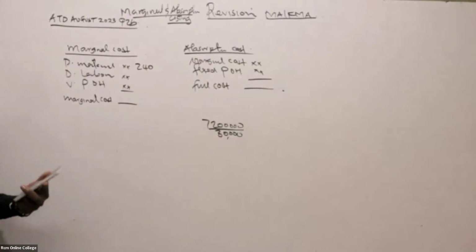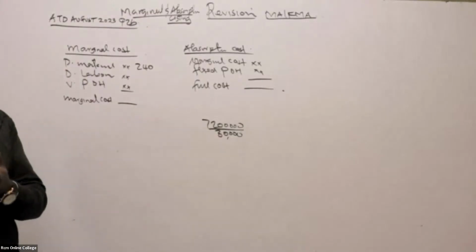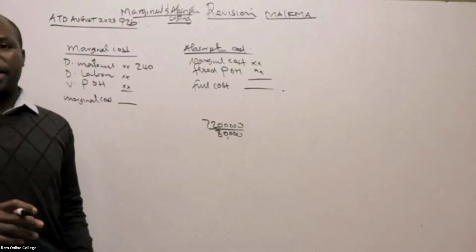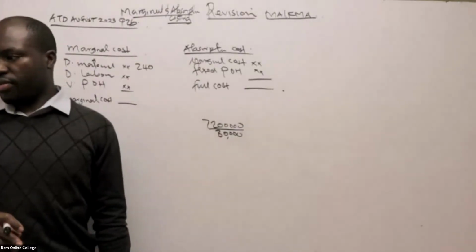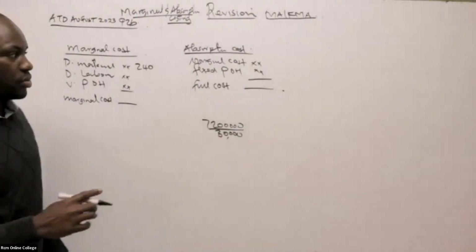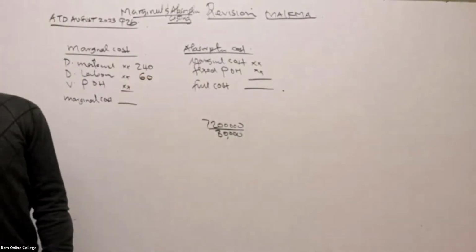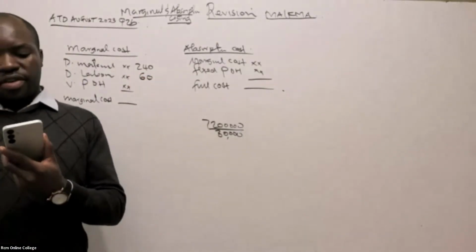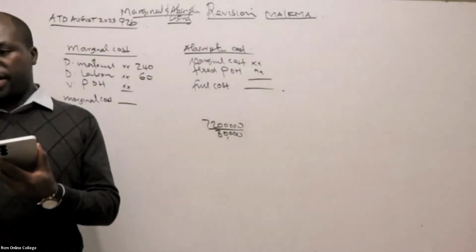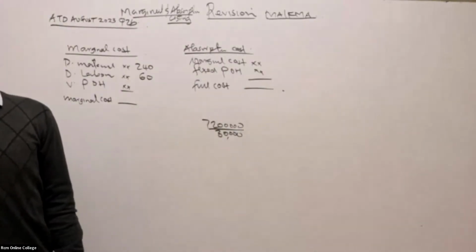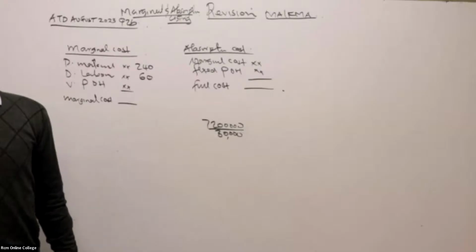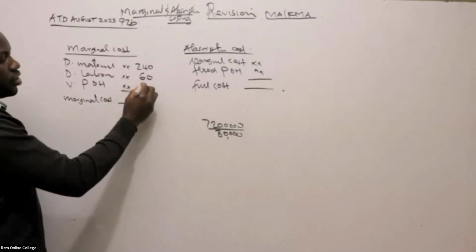Good. How about direct labor? Do the same. 1,800,000 divided by 30,000 will give us 60. Variable production overheads: 1,500,000 divided by 30,000 will give us 50.